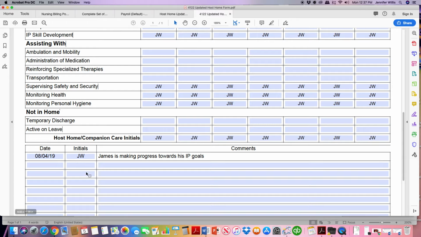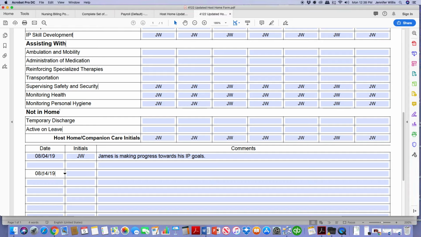If I say James is making progress towards his IP goals, this refers back to the plan that we have created with a service coordinator on his or her PDP. You do not need something every day, but most importantly, just make some kind of notes.